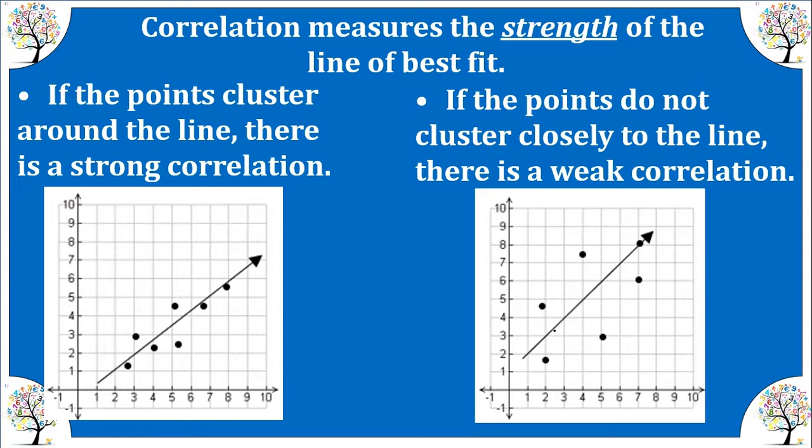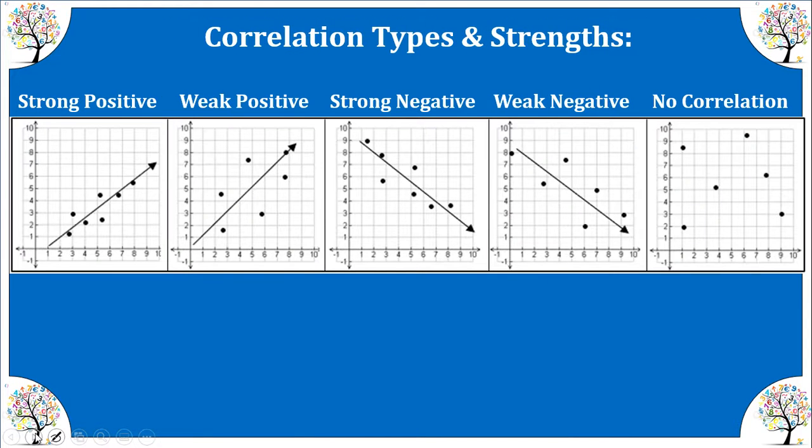They're not clustered close together. So this would still be a positive correlation, but it would be weak. So when the points cluster close together, we have a strong correlation. And when they don't cluster, we have a weak correlation. Again, the correlation measures the strength of the line of best fit.